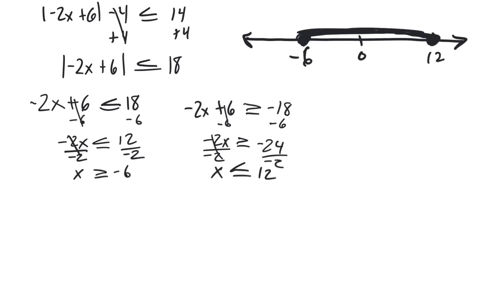Now, for some reason, if this would have been the opposite way where it would have went to the right, then it would have just been everything greater than or equal to -6. It would have just kept going to the right all the way. But we set up a boundary here by saying less than or equal to 12. So it's greater than or equal to -6, but it's also less than or equal to 12.